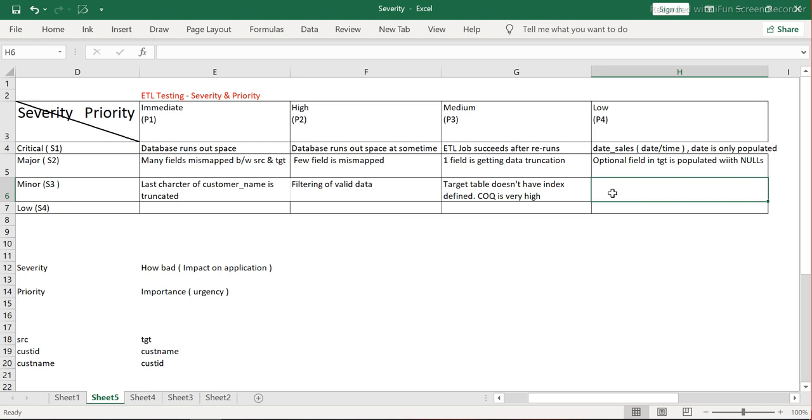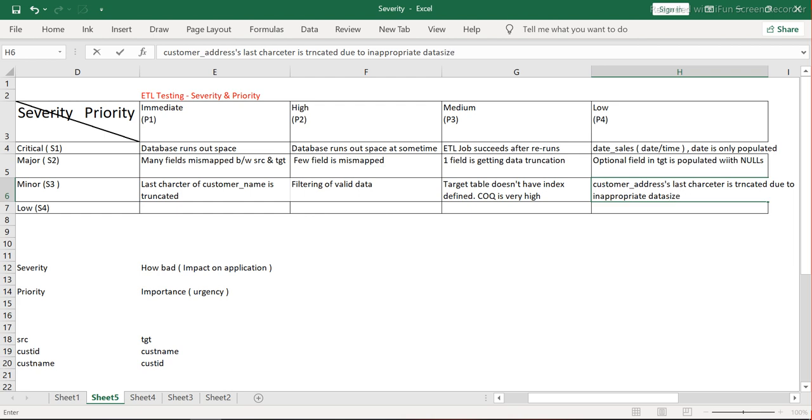So let's say the customer address's last character is truncated due to inappropriate data size.